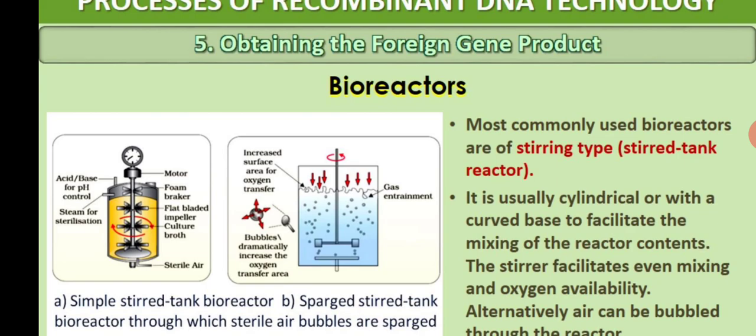Okay, next, this bioreactor is usually cylindrical with a curved base. You can see the base of the bioreactor. The entire bioreactor is a large cylindrical stainless steel vessel or tank, and its base is curved in nature.